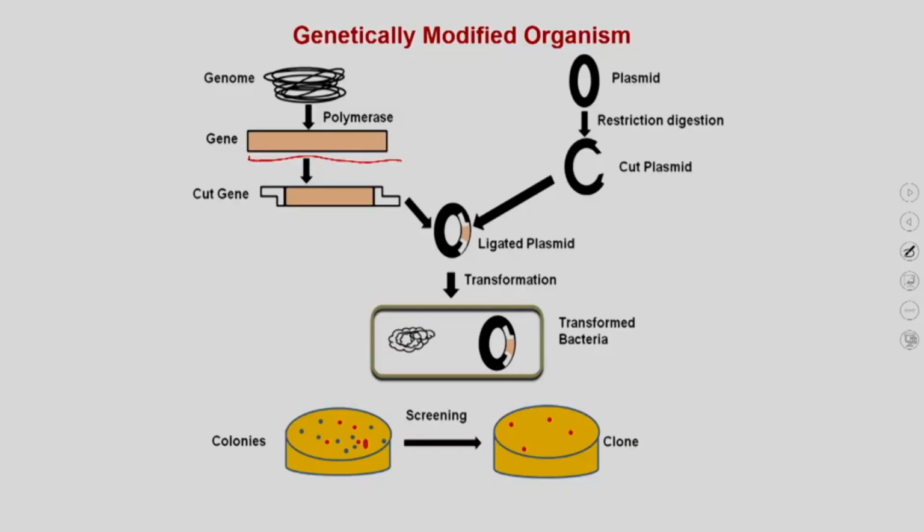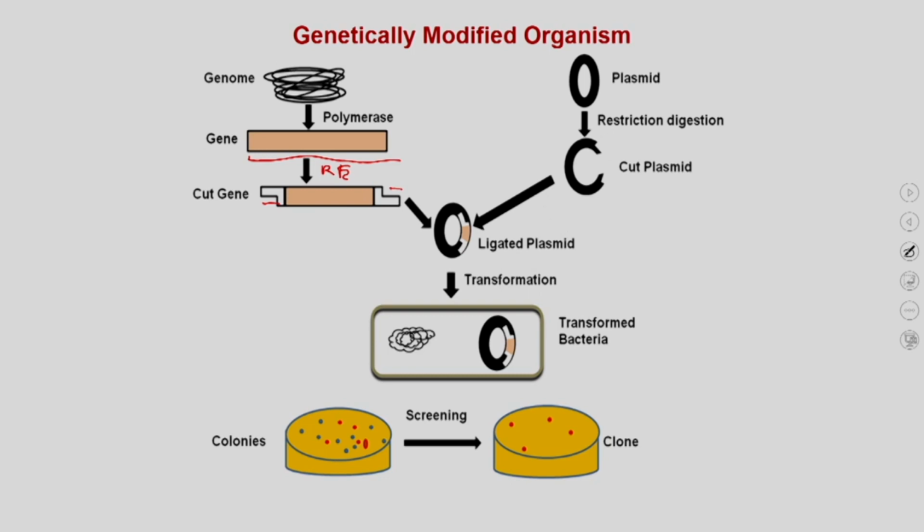Then you take this gene, which is a PCR product, and cut it with a set of specific restriction enzymes. Once you cut it with specific restriction enzymes, it develops sticky ends, and these sticky ends on both sides are going to be used for downstream applications.